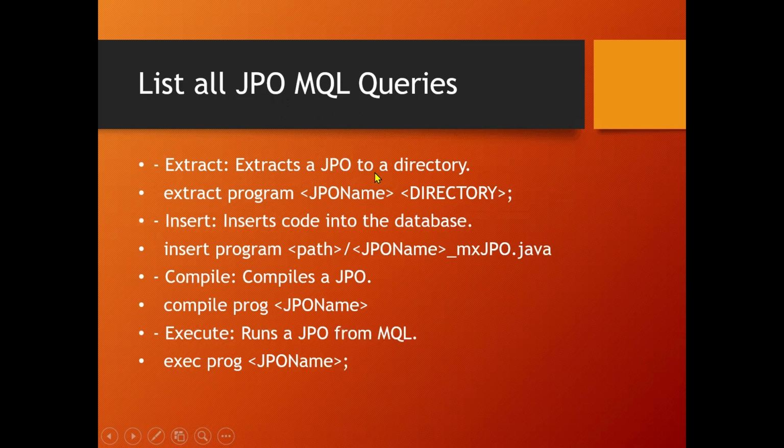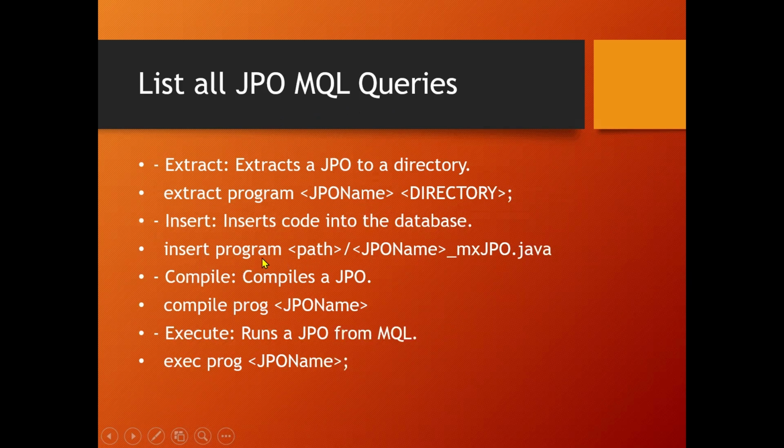Suppose we want to extract a JPU to a particular directory, so we'll use this command. This is extract program, the JPU name, and the directory in which we want to extract. Then the insert program. Insert program is if we want to create a new program, we can make use of this query. Or if there is some change, we can change the program and again reinsert it back.